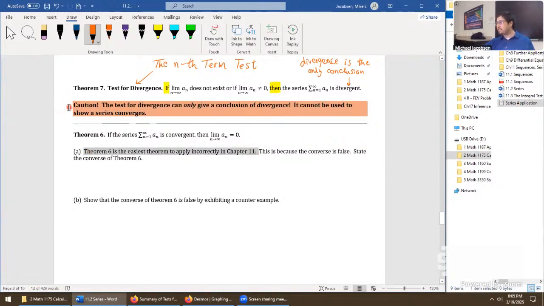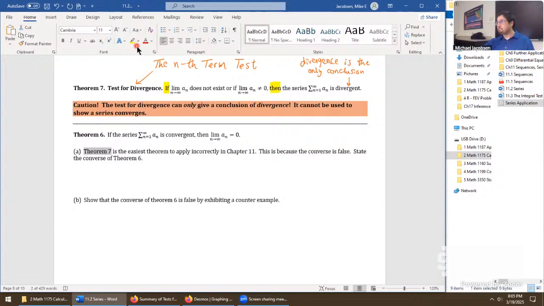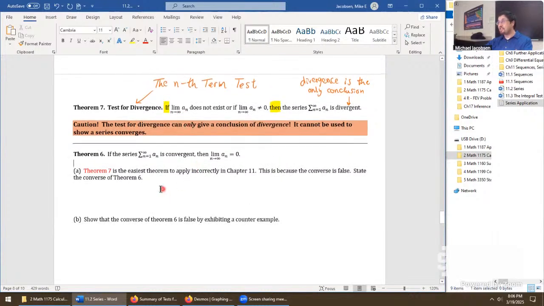I really want to stick to my guns here that theorem 7 is the easiest one to misapply. Let me rewrite this as theorem 7. Theorem 7 is the easiest theorem to misapply. The converse is false. And we'll state the converse of theorem 7.